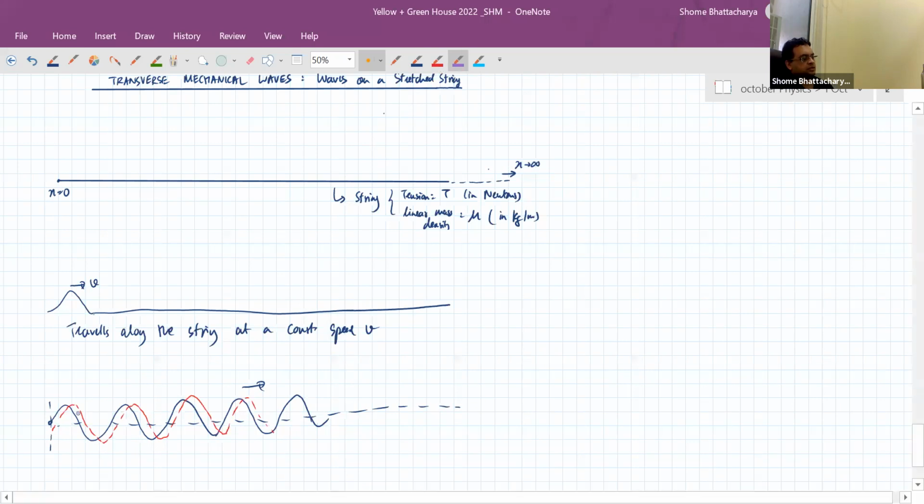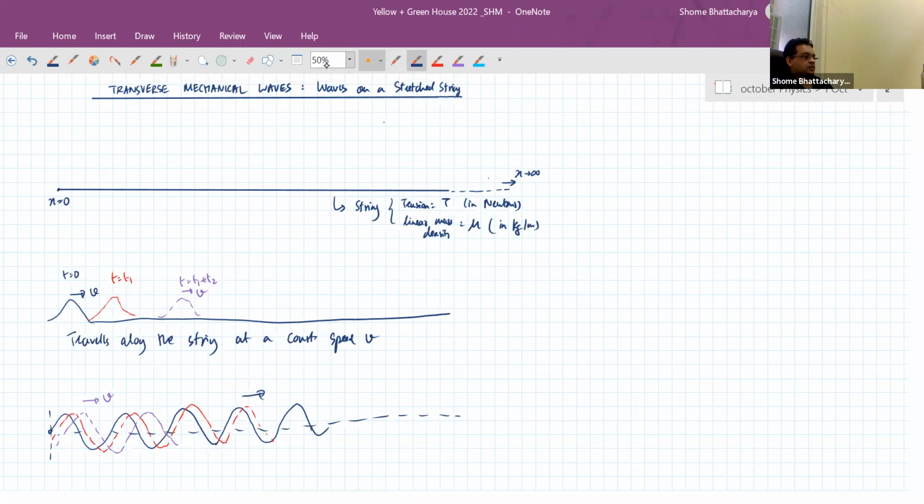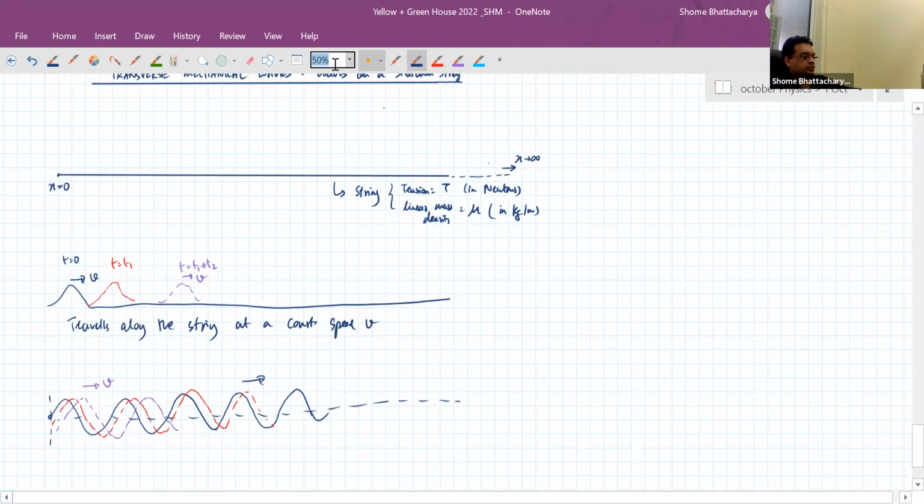Then further after some time, we'll see that the shape of the string has become like this. This whole shape is traveling like this. Whereas here, after some time, this pulse has reached here. Then after some time, the pulse has reached here. This pulse is traveling like this. So now this kind of phenomena has to be represented by a general equation. So that is what we look at next.